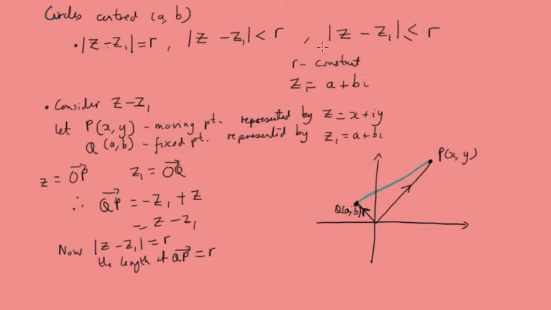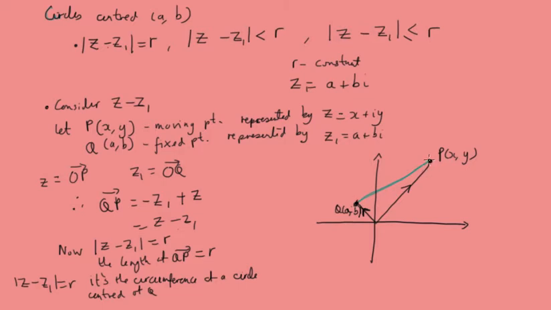Now, for this setup, what this means is when z minus z1 equals r, it's the circumference of a circle centered on point Q. So if you think about it, we've said this is fixed and this is movable.